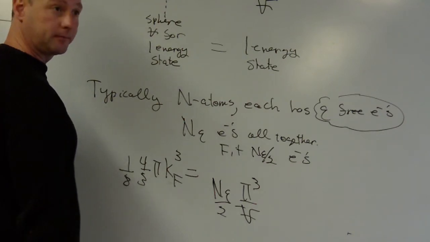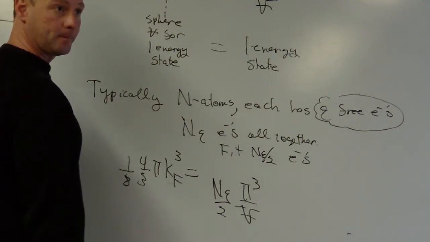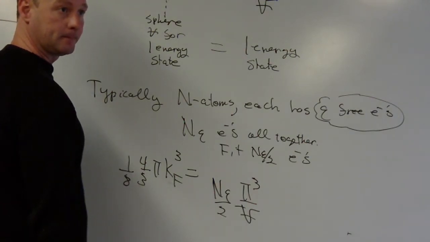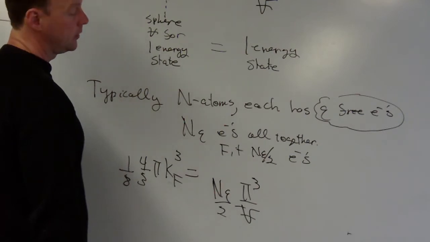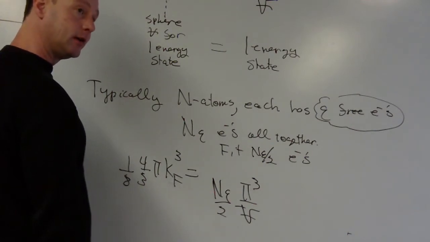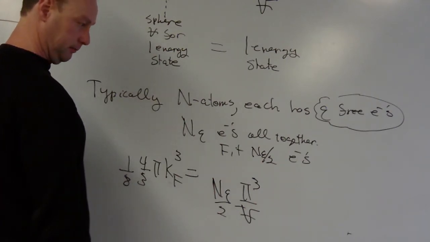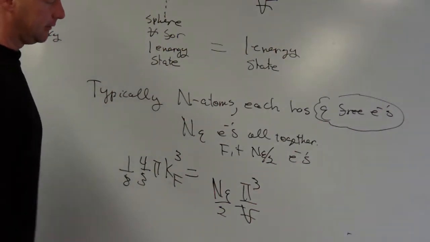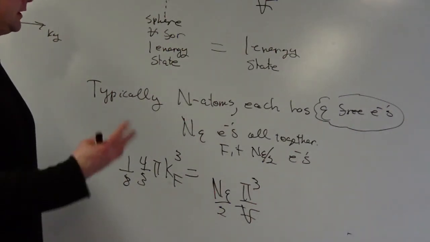Each atom can have the same energy state, but each atom can only have up to 2 electrons in that particular energy state.